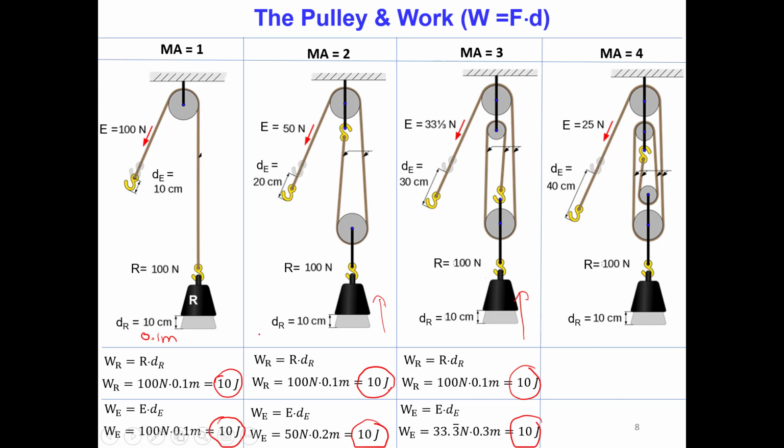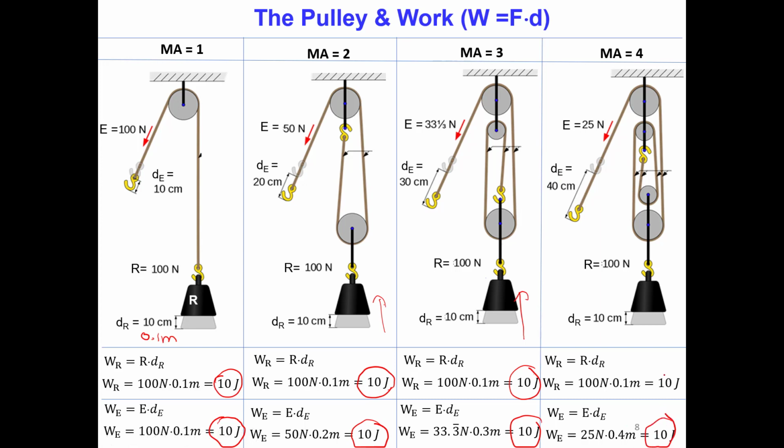Because we had the same situation here, we know the work done by the resistance is 10 joules. Let's see what happened with the work done by the effort. The effort is 25 newtons multiplied by the distance, which will be 0.4 meters, because we want all the units in the same system. Then finally we had 10 joules.